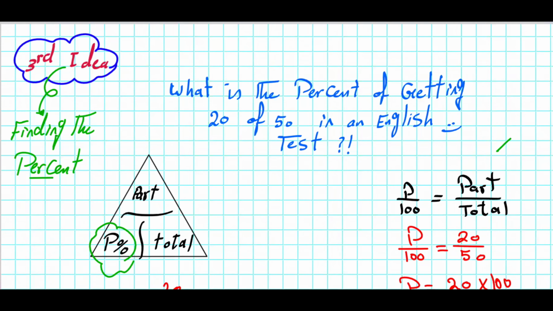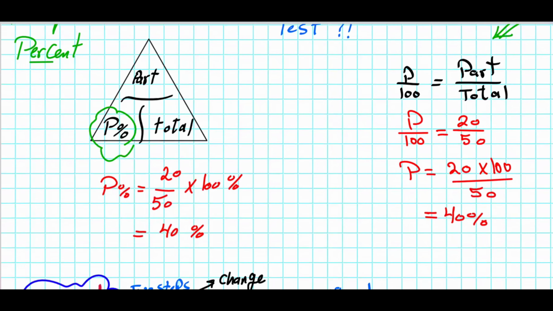Or I'm going to use the same rule here: percent over 100 equals part over total. P is unknown here, and the given is the part 20 and the total 50. So by making half cross here, 20 multiplied by 100 divided by 50, the result is 40%.